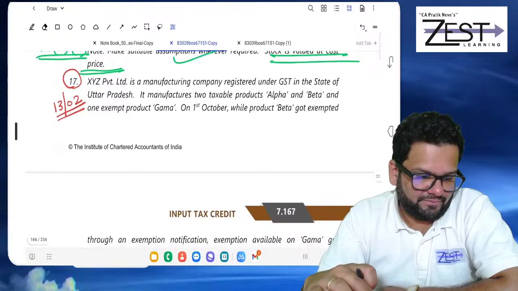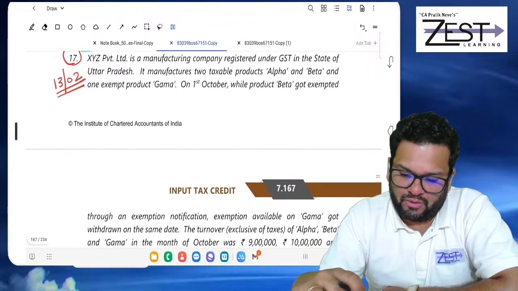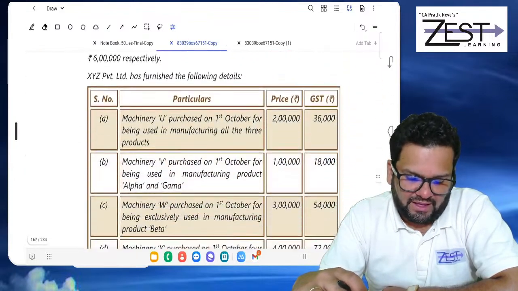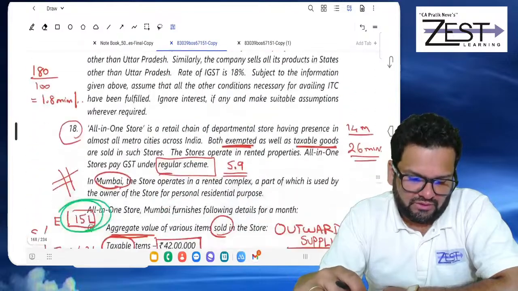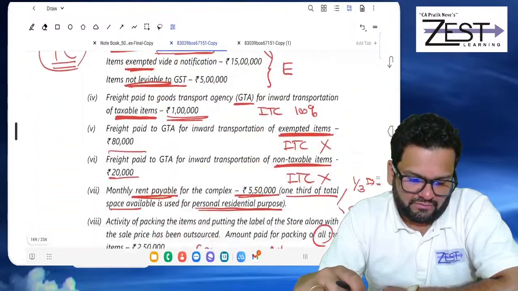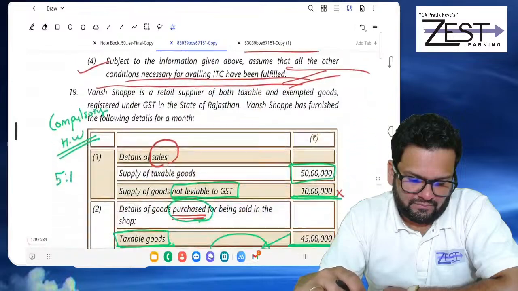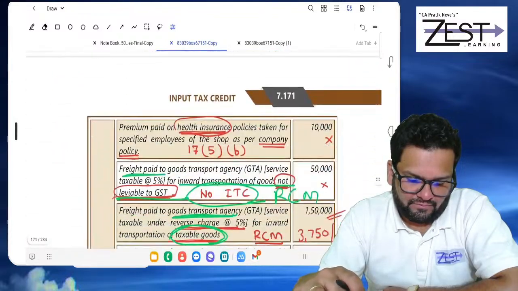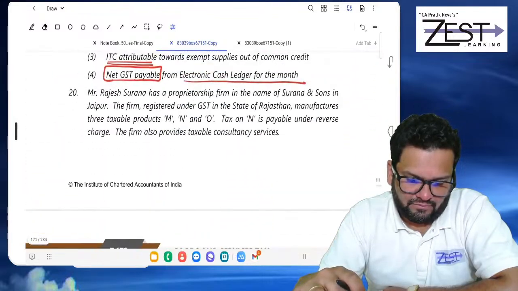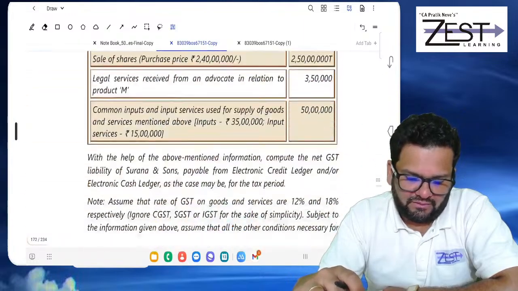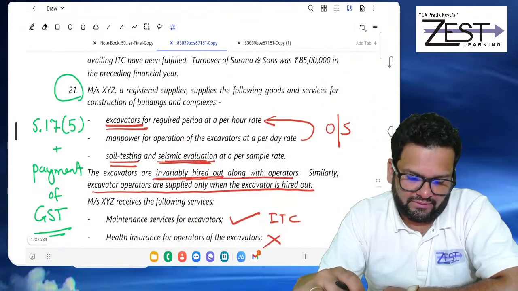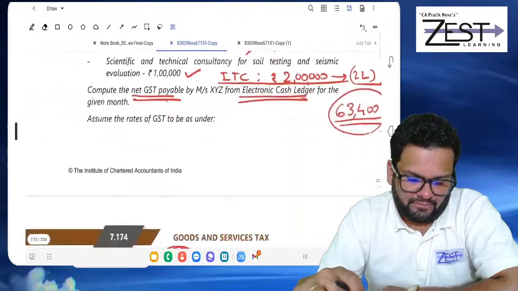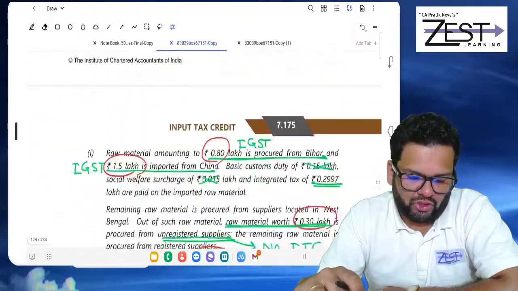Next, 17th question. Can I go to 17th question? Probably the last one for today. Yes, we have come to the end of the session.